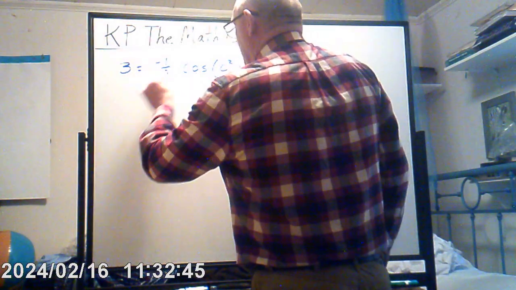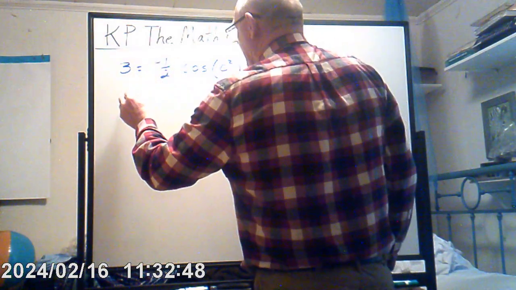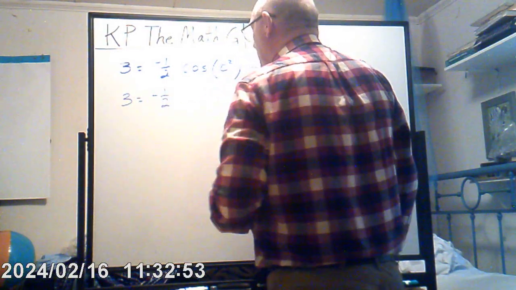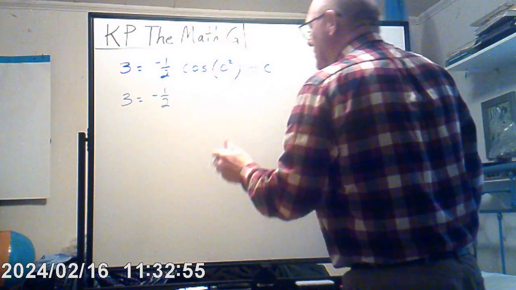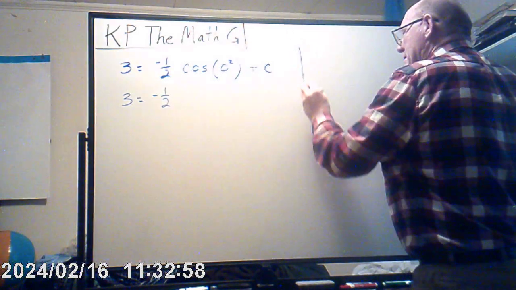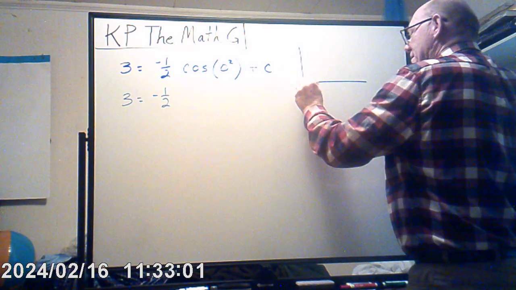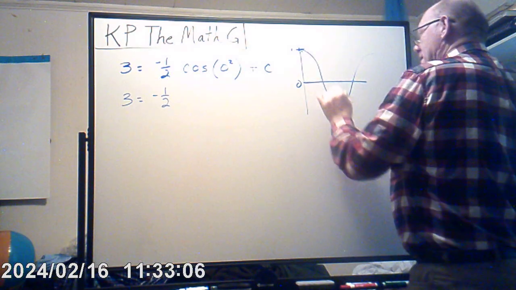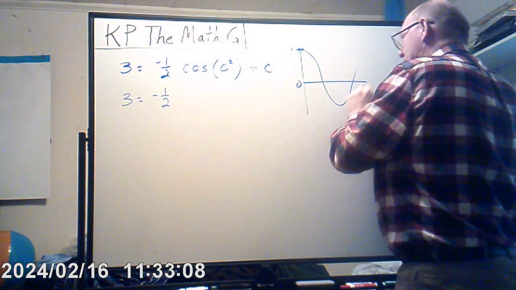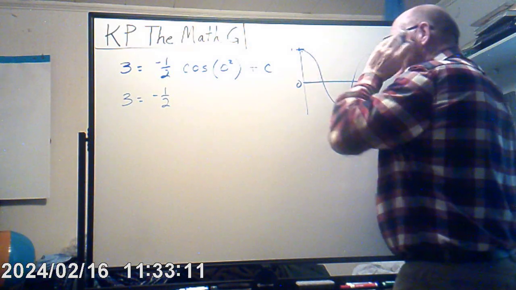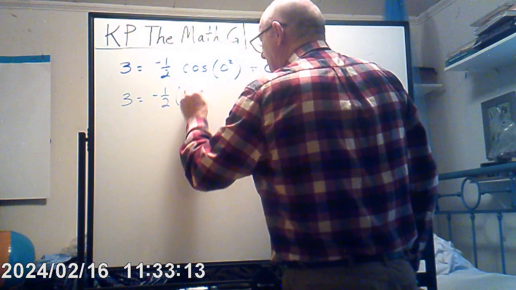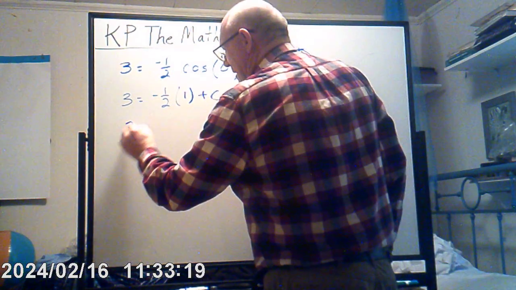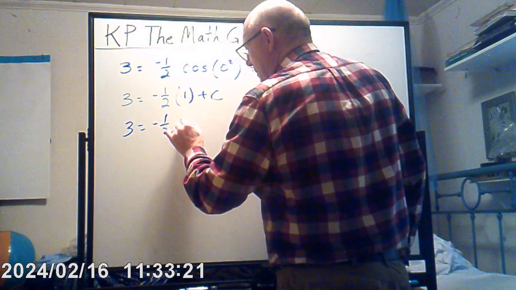So 3 equals negative 1/2 times cosine 0 squared, which is the same as cosine 0. Cosine of 0 is 1. So 3 is equal to negative 1/2 plus c.